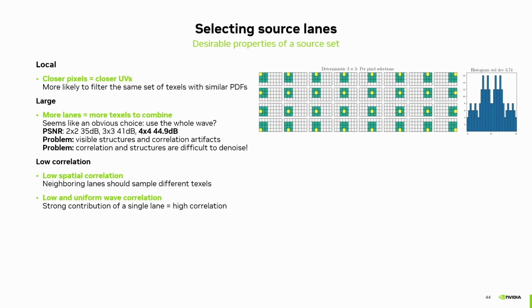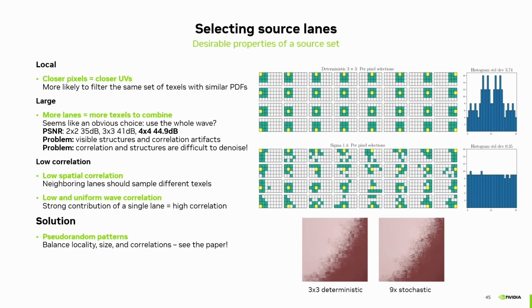And again, I will refer you to the paper for details, but what we do is run an offline optimization process that creates pseudorandom stochastic patterns. And those pseudorandom stochastic patterns, based on a single parameter, sigma, try to balance those three desirable properties and produce patterns that are more like noise, more like blue noise, actually.